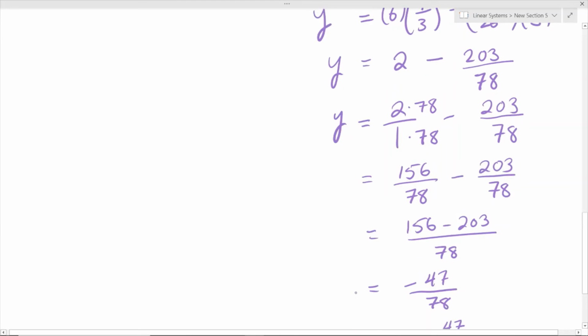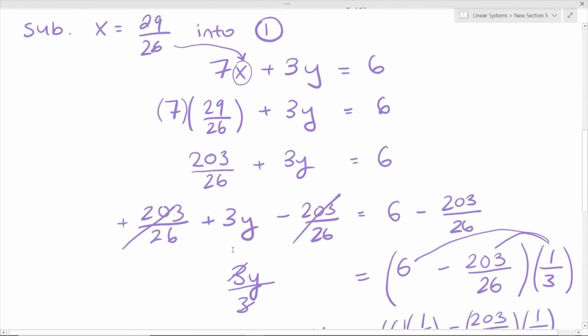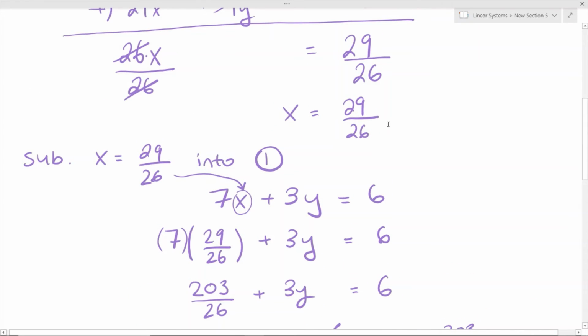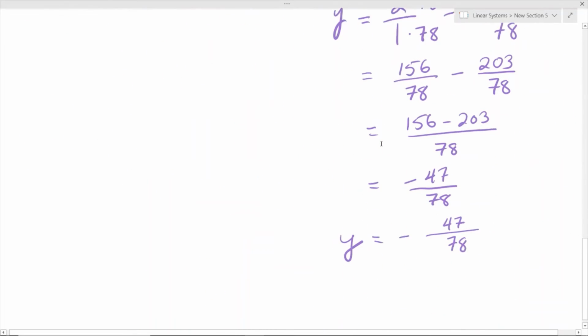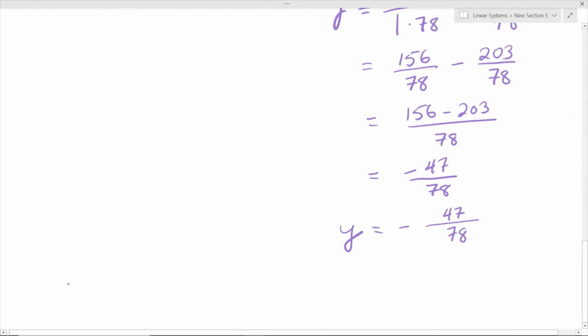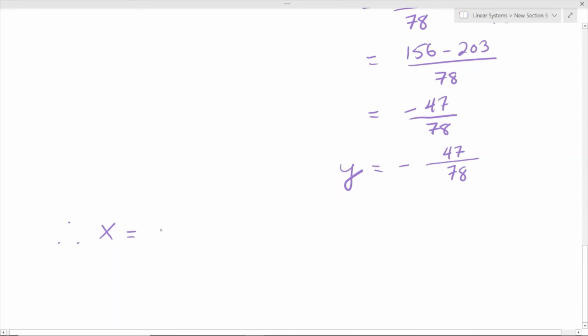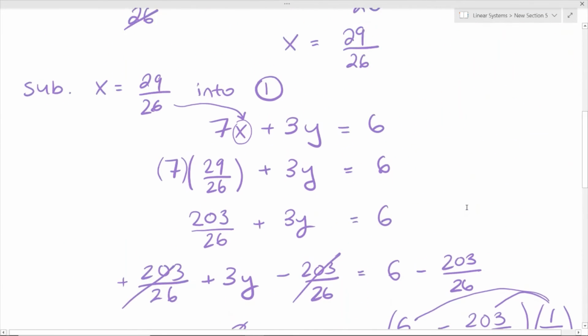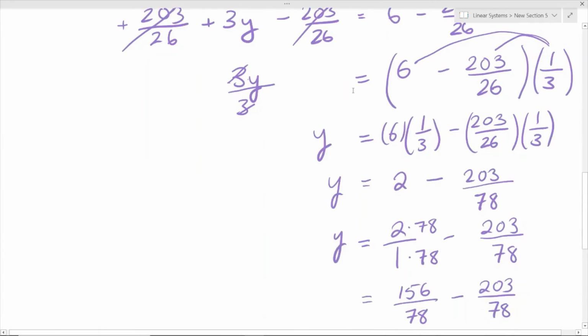And since we have found our y and our x right here, we can see that our solution is x equal to 29 over 26, and our y is equal to negative 47 over 78, as shown right here.